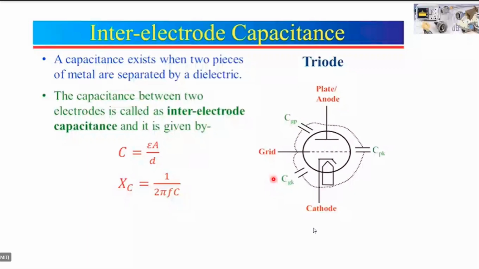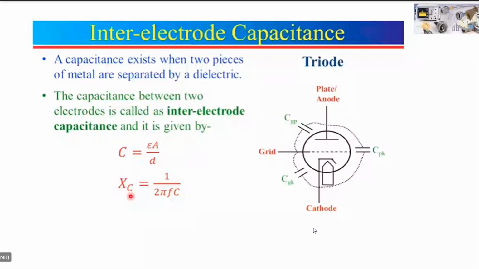Generally, the capacitance of two plates separated by a dielectric is given by C = εA/d, where A is the area of the plates and d is the distance between the plates. And the capacitive reactance is given by Xc = 1/(2πfC).